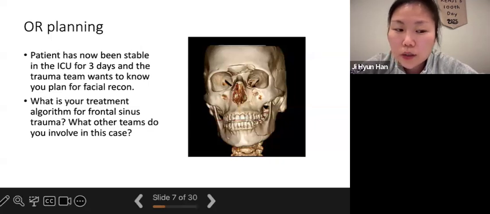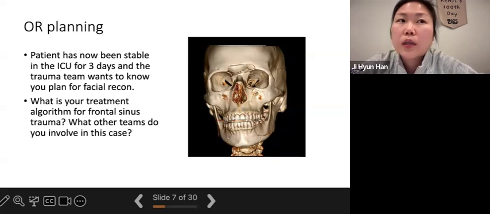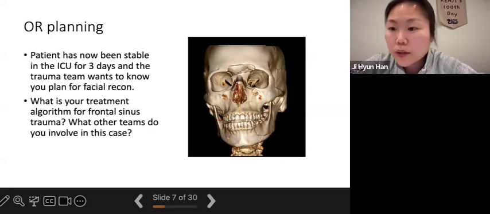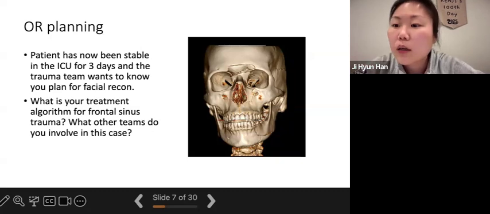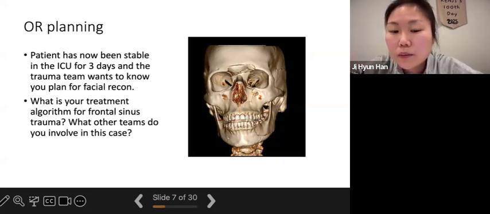Obliteration would consist of putting in bony fragments or some sort of blockage. You can use muscle, fat, or a periosteal flap to occlude the frontal sinus outflow tract. With that, you would now repair the anterior table and close.